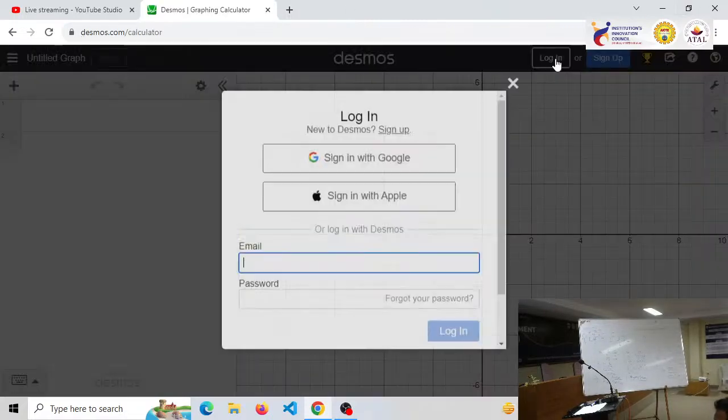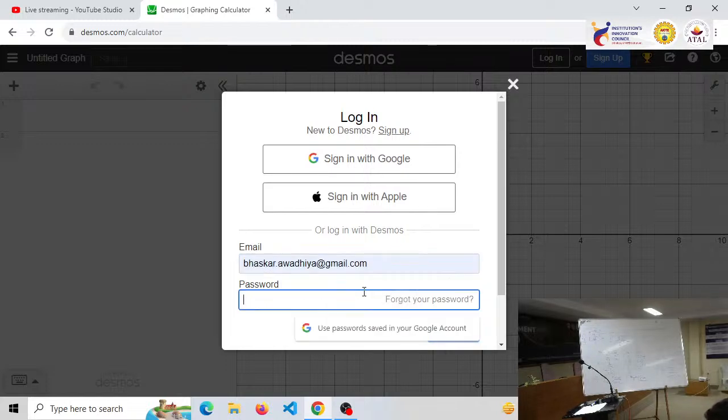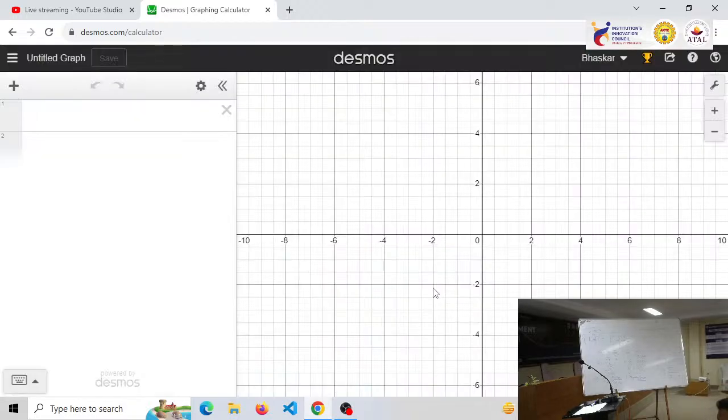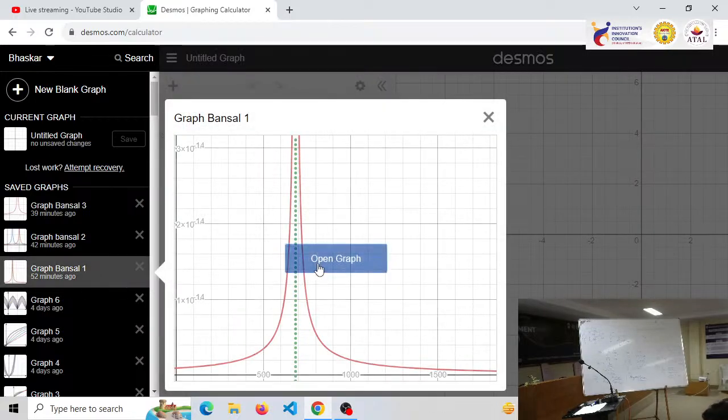I have not logged in, so I log in through my mail ID. Now, this is my graph.